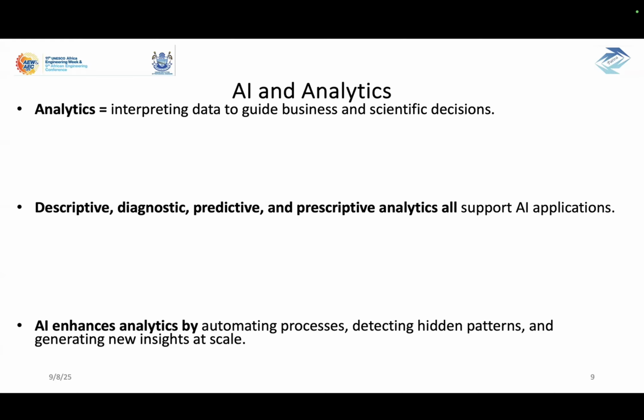So we saw how AI is related to data science. We saw AI is related to machine learning. Now we can see where AI is related to analytics. Okay. So basically, if you go back, analytics is the core of data science. So AI helps by automating the process. Okay.